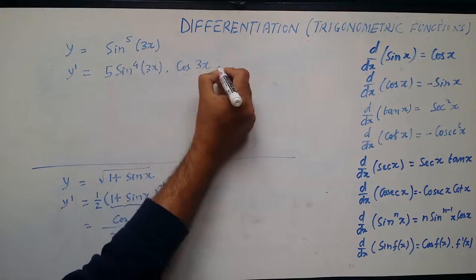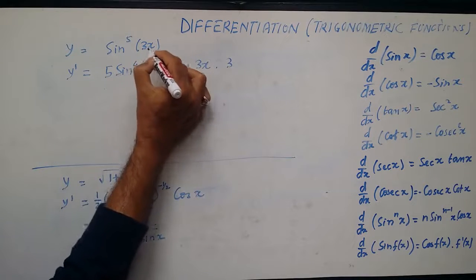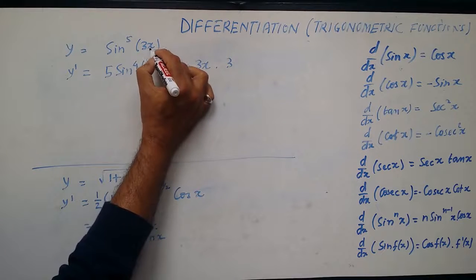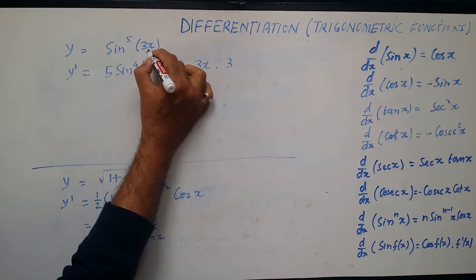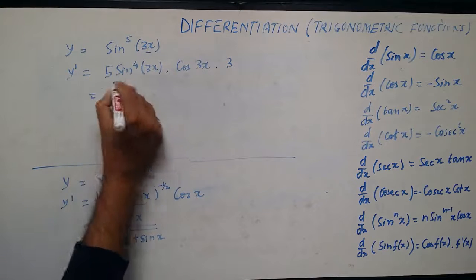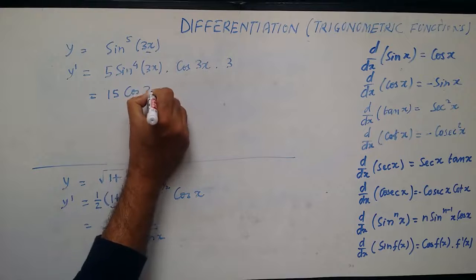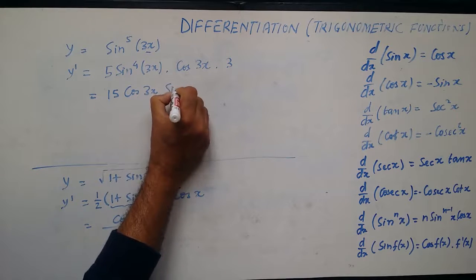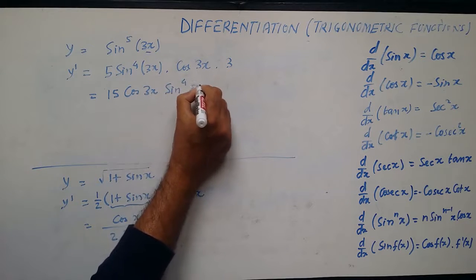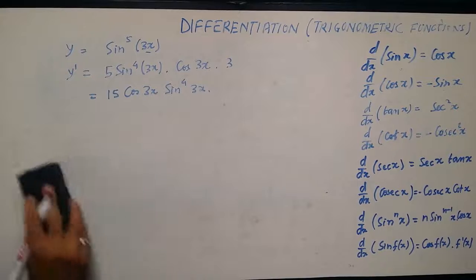And then the differential of 3x is what? 3. So we are going to go on differentiating until we reach the innermost function. Bringing everything together, we get 15 cos of 3x sine to the power 4 of 3x.